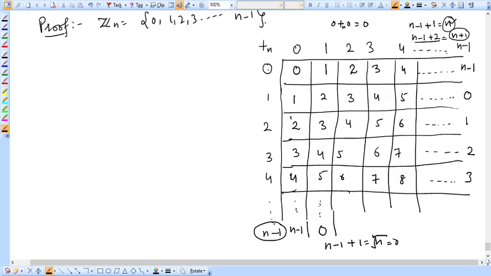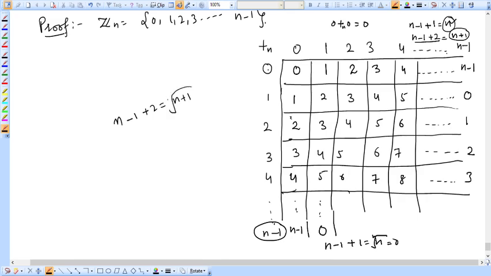Next, n minus 1 plus 2 is equal to n plus 1.